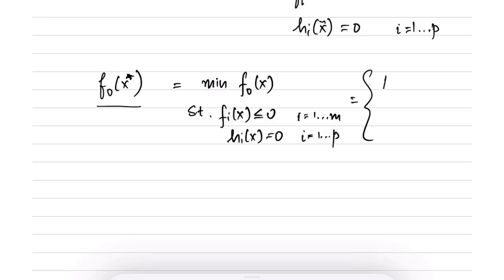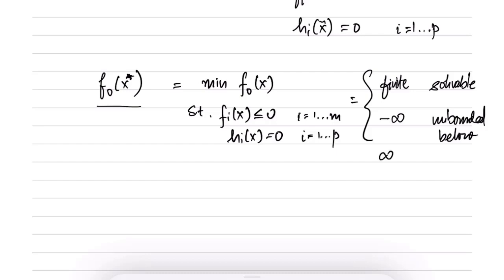We say that this is finite if the problem is solvable. But there are other scenarios where the problem may not be solvable. For instance, there is a possibility that the optimum solution is unbounded below, which means that you can take f naught of x as small as possible, then we define it to be minus infinity.